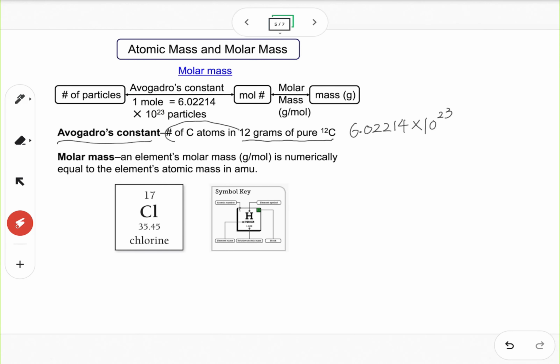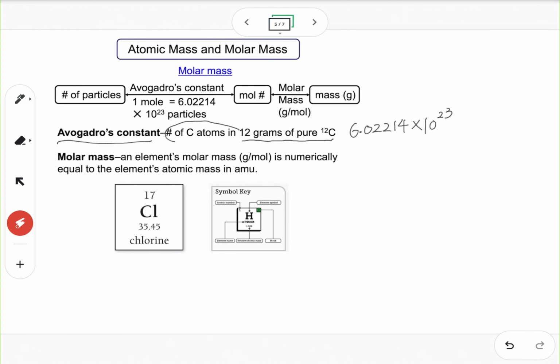It's like if you have 12 eggs, then you have 1 dozen eggs. So if you have 6.02214 times 10 to the 23rd iron atoms, then we would say you have 1 mole of iron. So this is the mole.